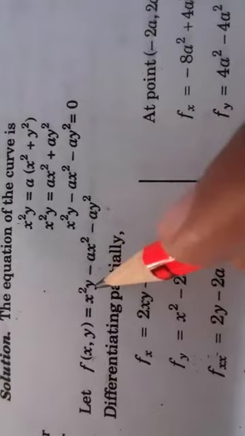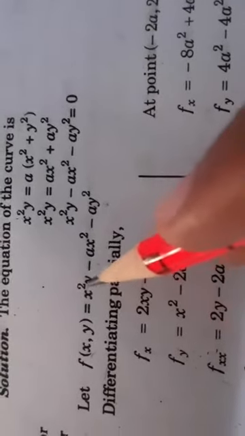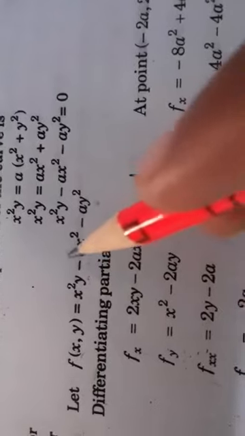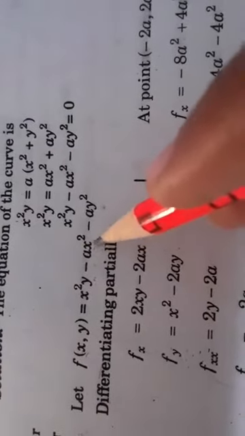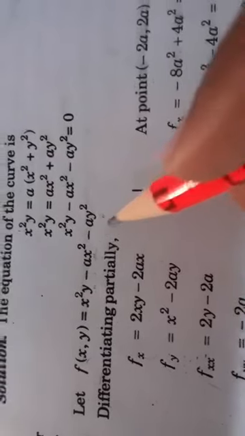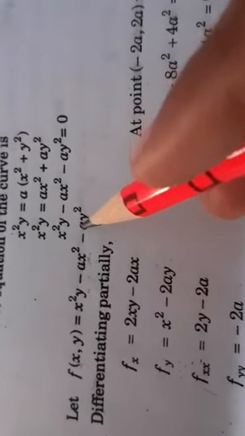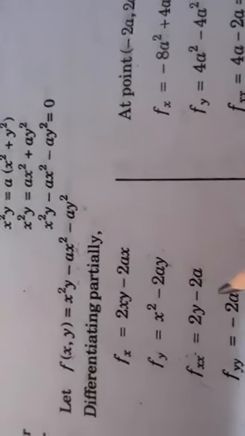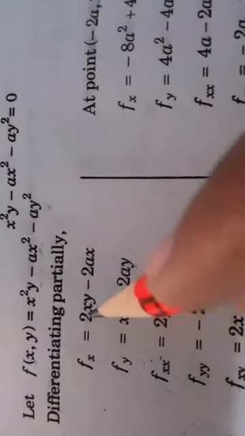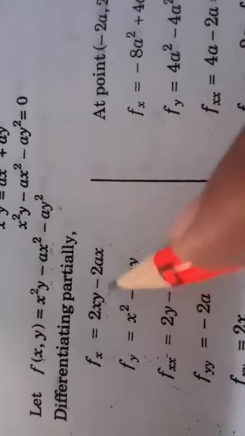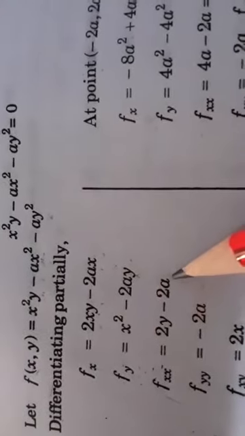Now if we find fy, then derivative of y is 1 and x² as it is. These both are treated as constant, so derivative of this term is 0 and derivative of this term is 2y into a. Similarly fxx means derivative of this with respect to x, so it becomes 2y − 2a.